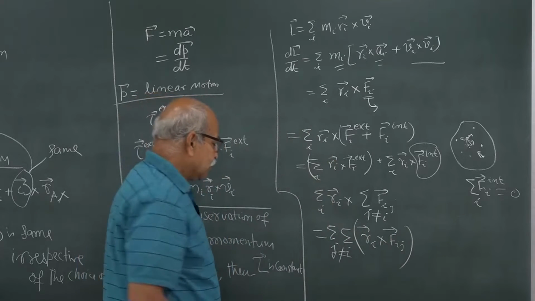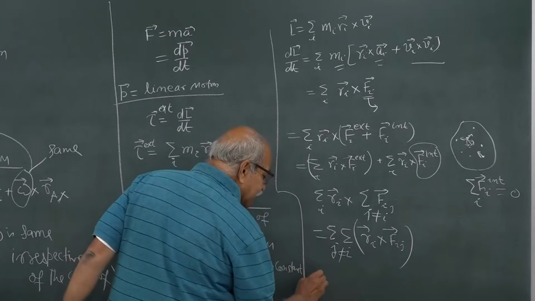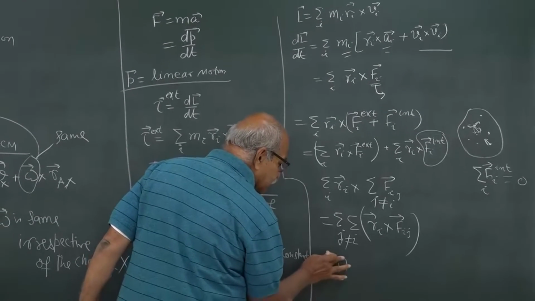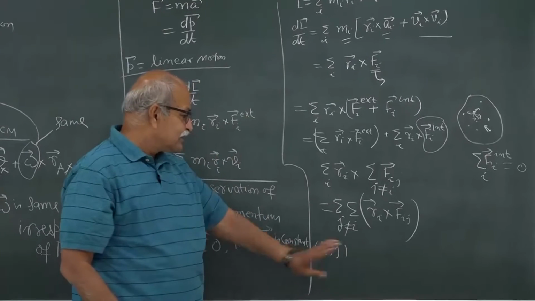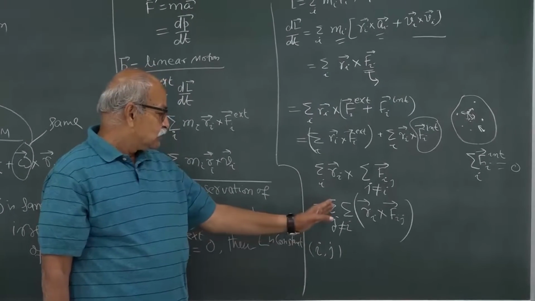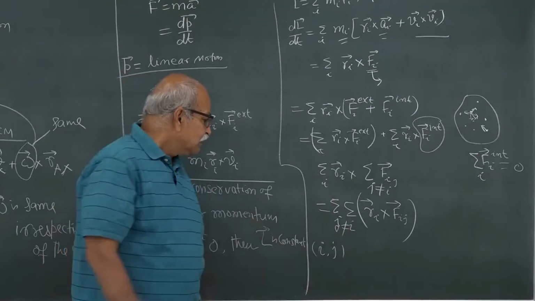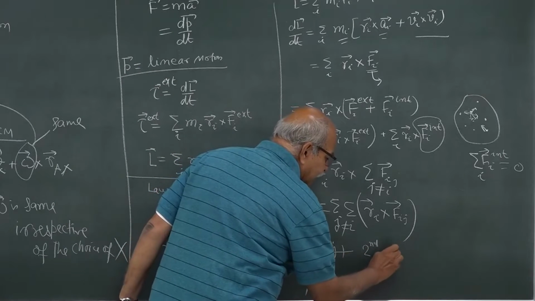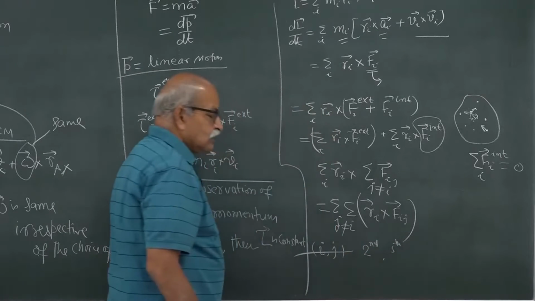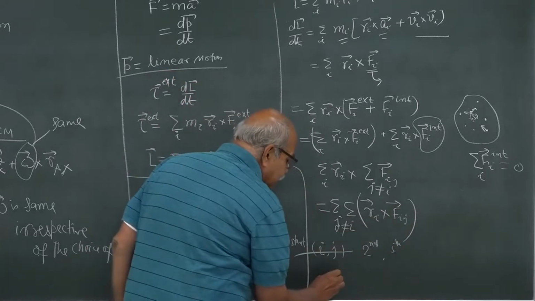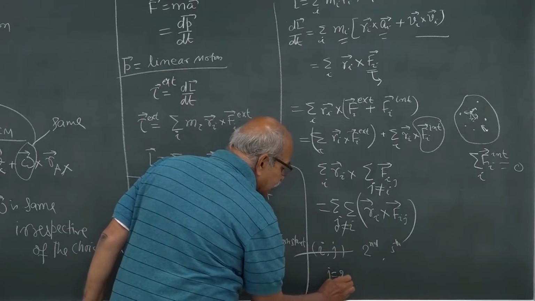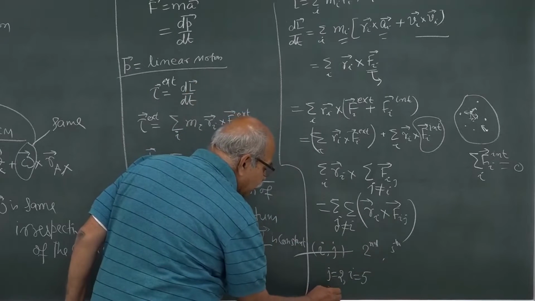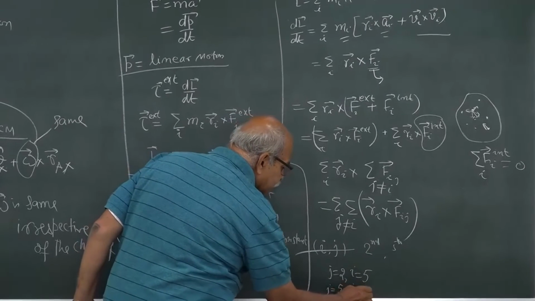this quantity. Now, consider one particular pair i and j, the ith particle and the jth particle. Let's be more specific. Suppose I am talking of the second particle and the fifth particle. Somewhere in this whole sum I will get j equal to 2 and i equal to 5, and somewhere in this I will get j equal to 5 and i equal to 2.